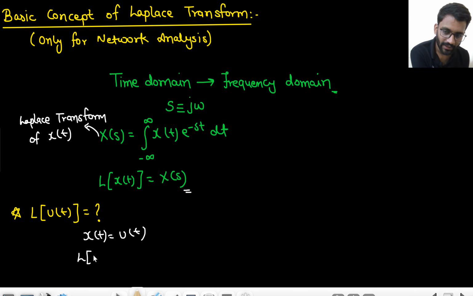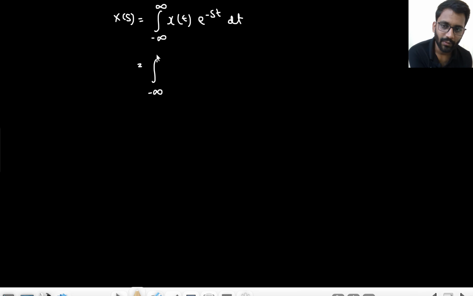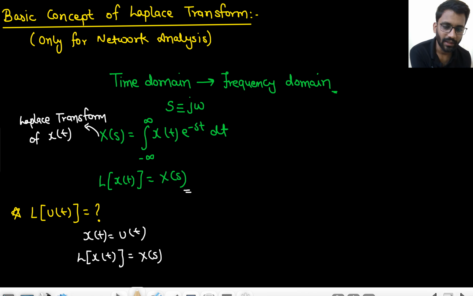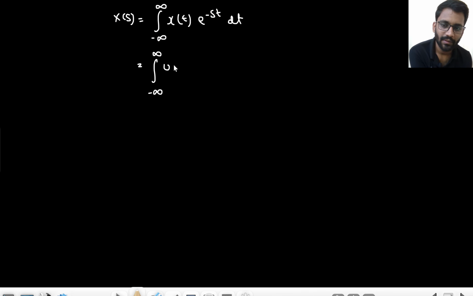The Laplace transform of x(t) will be X(s), right? So what is X(s)? X(s) is the integral from minus infinity to infinity of x(t) e^(-st) dt. What is x(t)? x(t) is u(t). So it is u(t) e^(-st) dt.